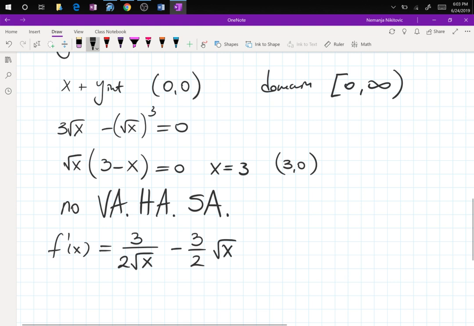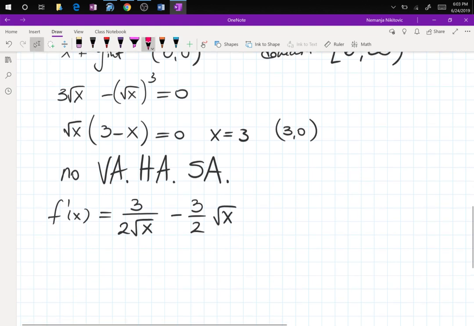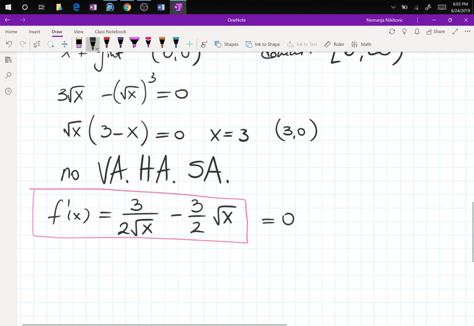So that's our first derivative. I will box it so we can find it later. And for the first derivative test, I need to set this equal to 0. Now I can divide both sides by 3 halves, so this becomes 1 over root x minus root x equal to 0.